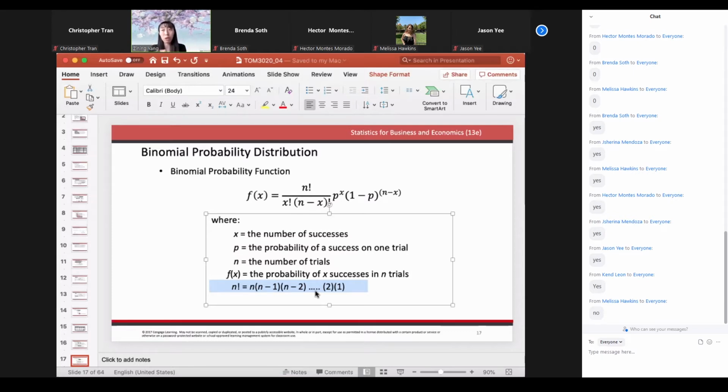You just keep multiplying, reducing one number at a time until you reduce to 1. That's n factorial. But other than that, it's a straightforward process. Although, yeah, you do have more components in this formula.